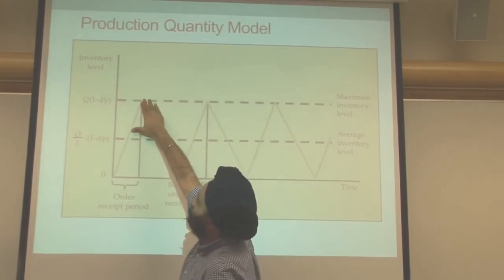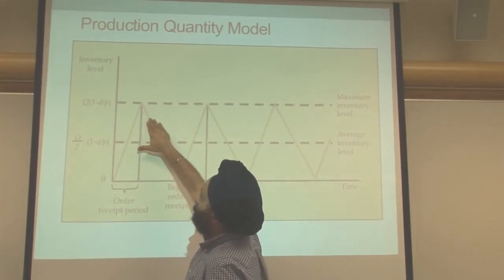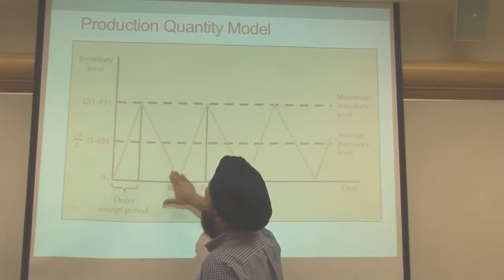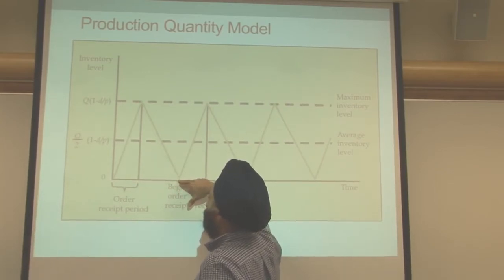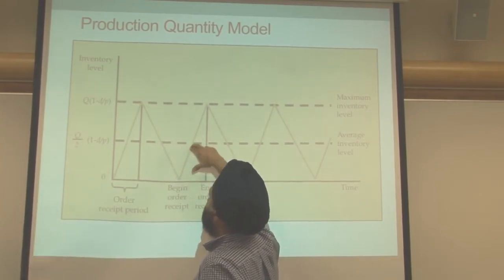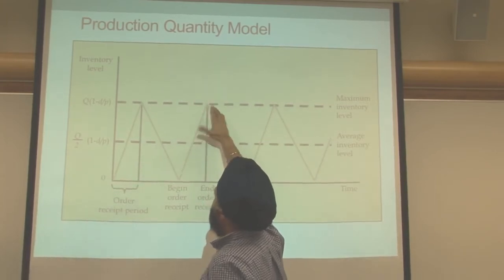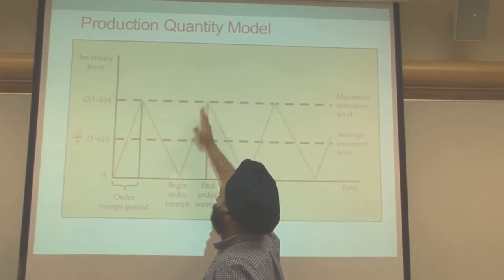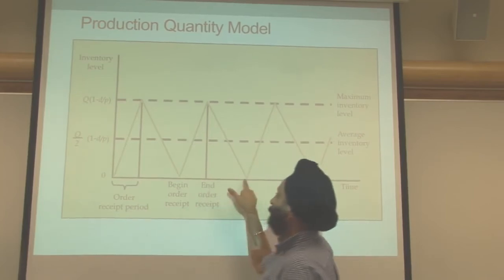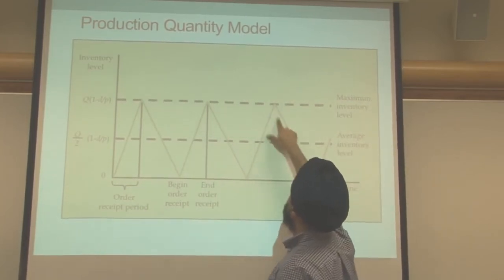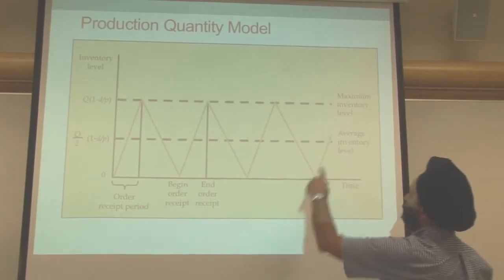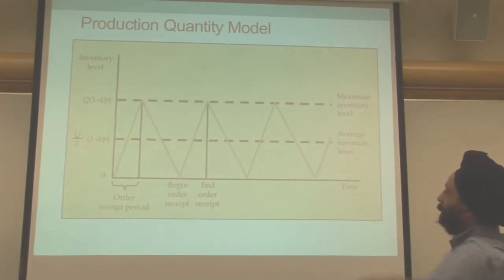For the remainder of the time the production stops, and we just strictly sell the remainder. As soon as we reach zero, we crank up our production process again and start producing, and at this point we have enough to cater to the remainder of the cycle, and then we repeat the cycle again. So this is the average inventory level, maximum inventory level, etc.